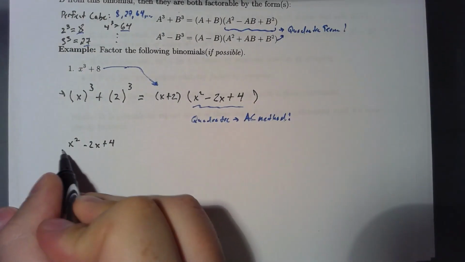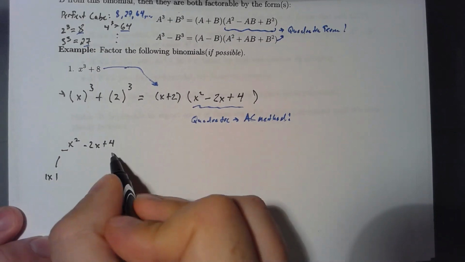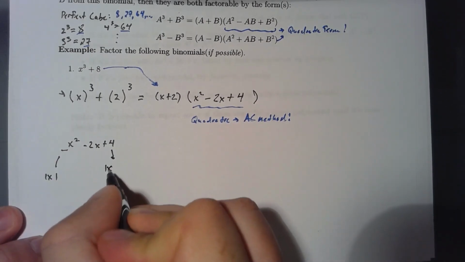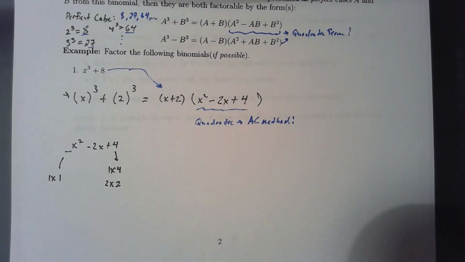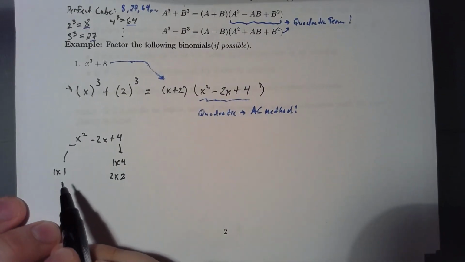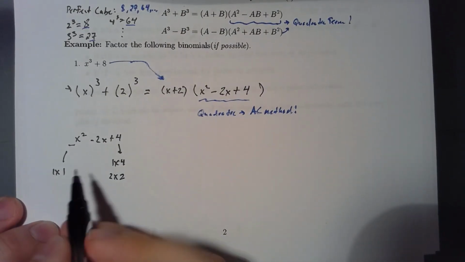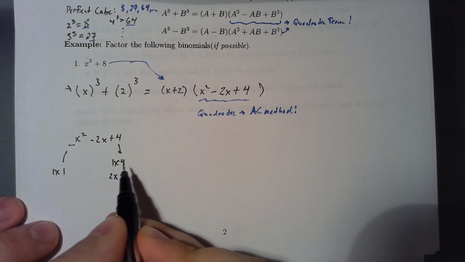My factors of the leading coefficient are 1 times 1, and my factors of 4 are 1 and 4, and 2 and 2. Because my leading coefficient is 1, I don't have to write duplicates for each pair.